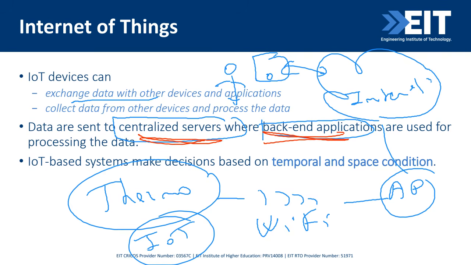So they will be processing the data received from those sensors, making the decisions, and those decisions will be based on time, will be based on space, where I have a certain temperature, and hopefully these will be smart decisions. We'll be adding intelligence in this case to a process that we are dealing with.